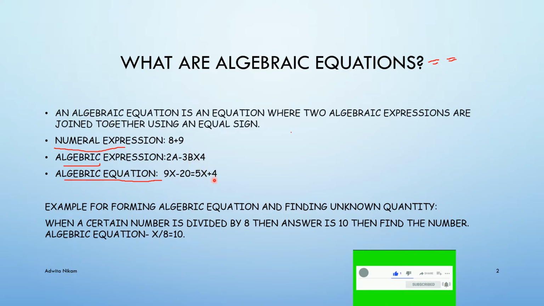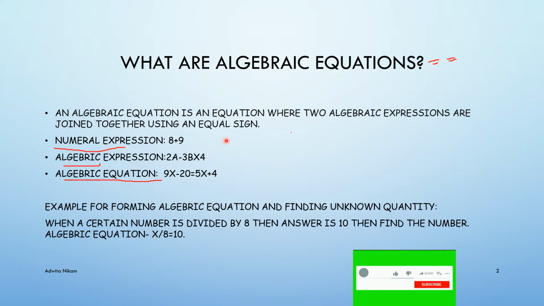Do you think there is any difference between these? Yes, of course, a very big difference. Here, did you see we gave any equal sign? No. So it is not an equation. Equation means both sides are equal. 9x minus 20 is equal to 5x plus 4. Both sides are equal.